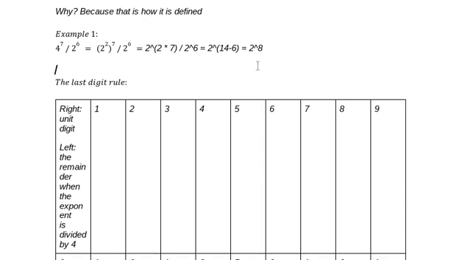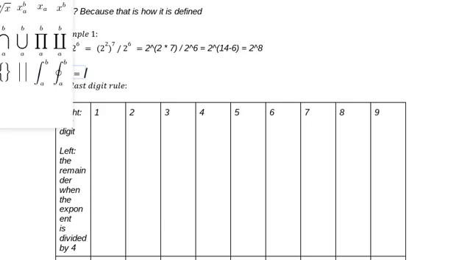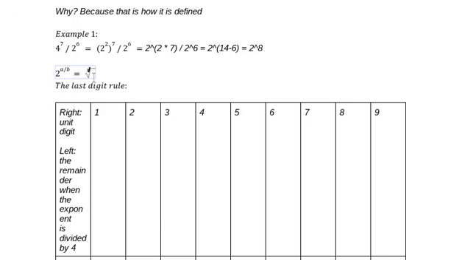And then there's another rule that I forgot to write about. 2 to the power of a divided by b, right? So it's equal to this, the b-th root of 2 to the power of a.